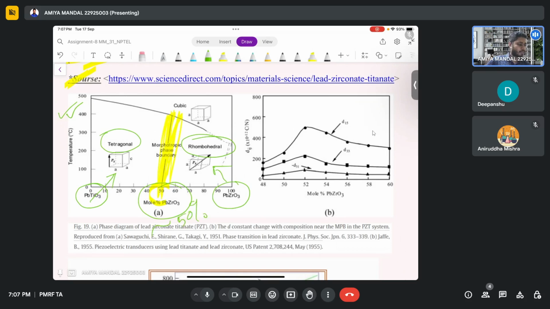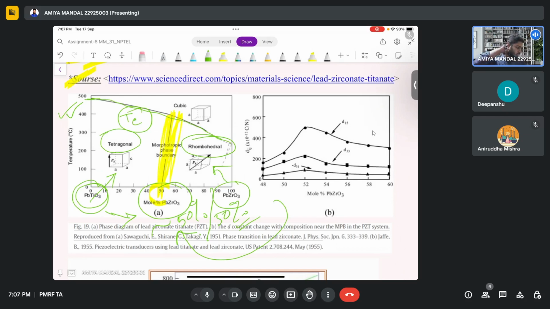Nearly 50% lead titanate and 50% lead zirconate. Above this temperature is the boundary where the Curie temperature occurs.